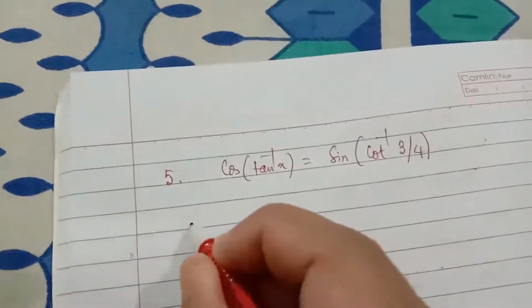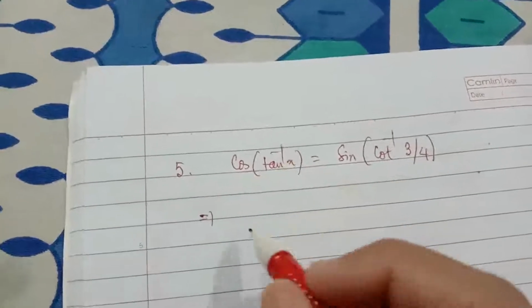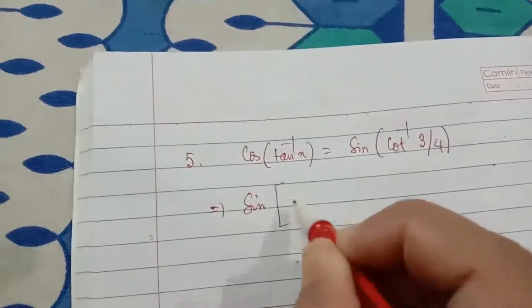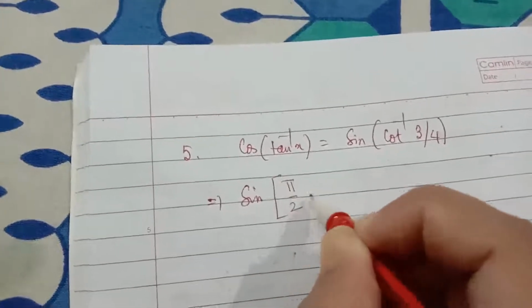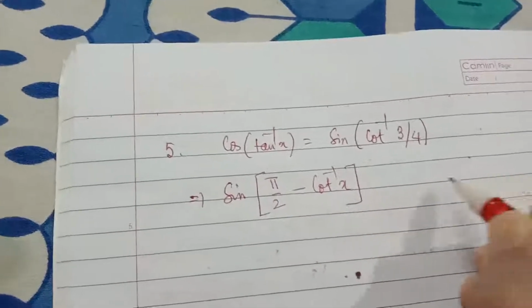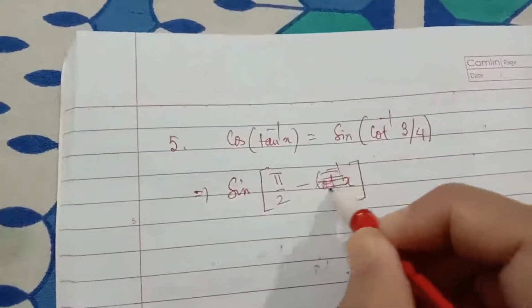Let us write. We know cos of theta is equal to sine of 90 degree minus theta. Here theta must be tan inverse of x.